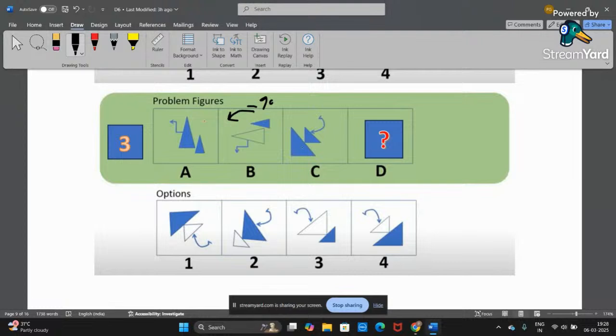So in the same way, this has to be tilted anti-clockwise. That means it should be in this direction. It should be like this, right? Okay, it should look like this. Let's solve this problem with the elimination method.